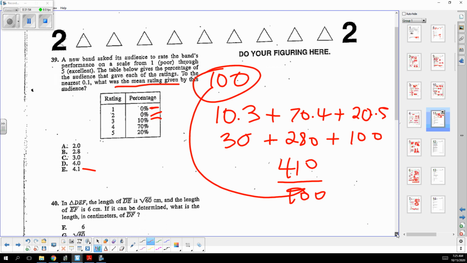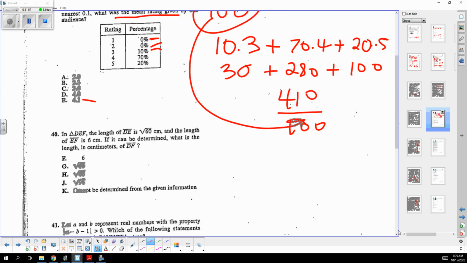40, man, this is never the answer, except for this time. They didn't say right triangle. They didn't say isosceles triangle. All they gave you was 2 parts of the triangle. And what do you need for a triangle? Correct, 3.